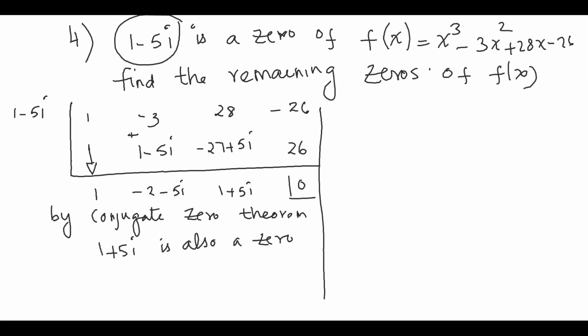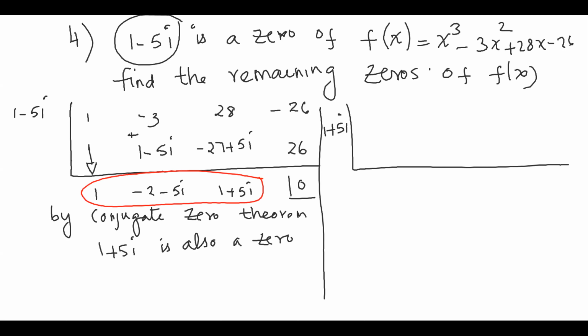So now we can divide. You have to divide only the quotient to get the next 0. So I'm going to take this quotient here and divide that by 1 plus 5i.